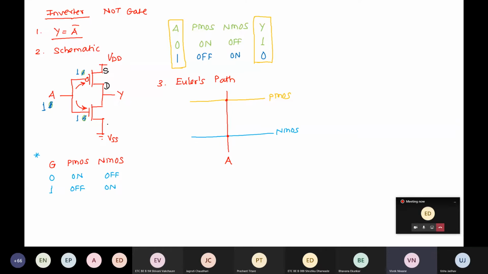The terminal of NMOS which is connected to ground is the source and the remaining terminal automatically becomes the drain. You have to keep these things in mind. I repeat, the terminal of PMOS connected to VDD is the source and the terminal of NMOS connected to ground is the source. The rest of the terminals you can write down.